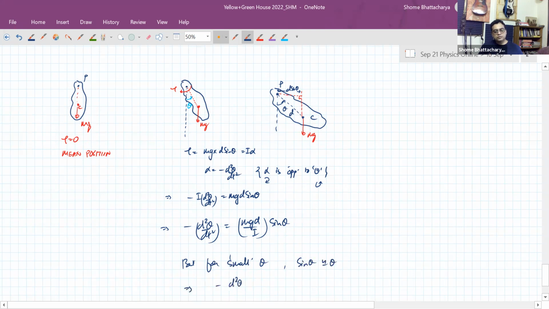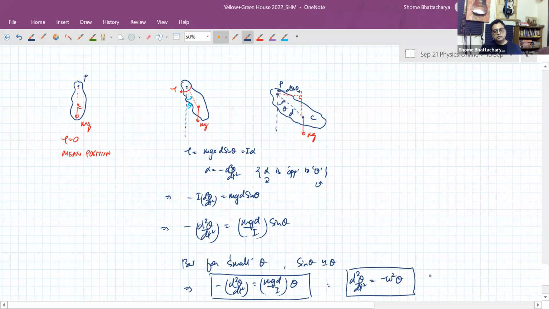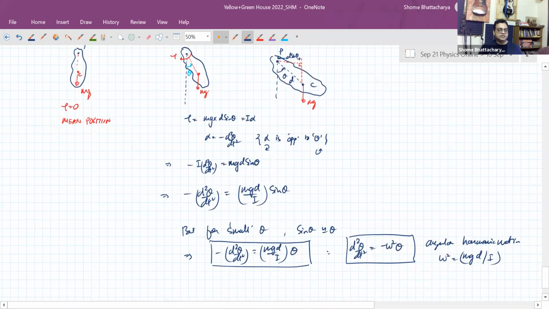So we have, so this is your angular harmonic equation, with omega square as this. So it performs angular harmonic motion under the special condition.